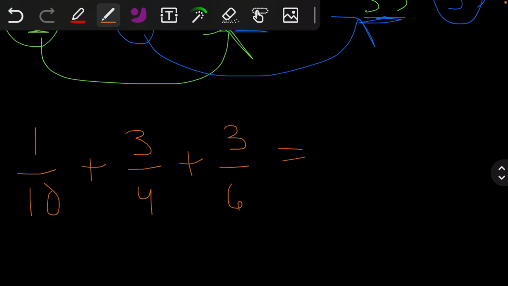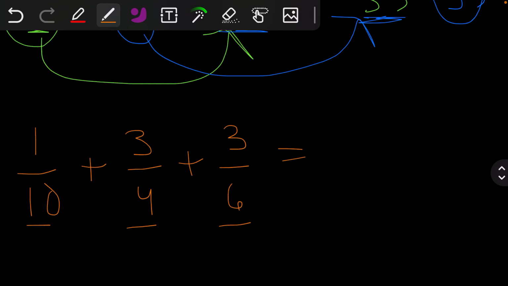We have to make sure that these three fractions, it doesn't matter if it's 2 or 3 or 4 or more, when you're adding fractions, they have to always have the same denominator. They have to all be cut up into the same amount of pieces, even if you have to make it like that, which is what we have to do with this problem.